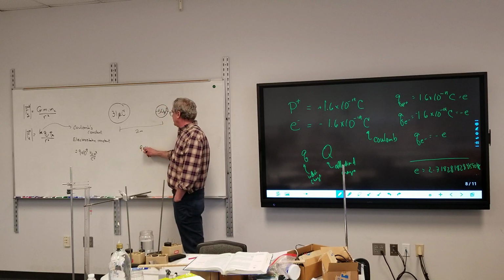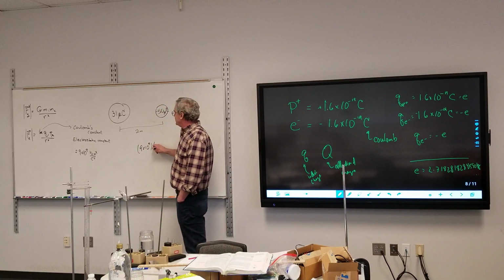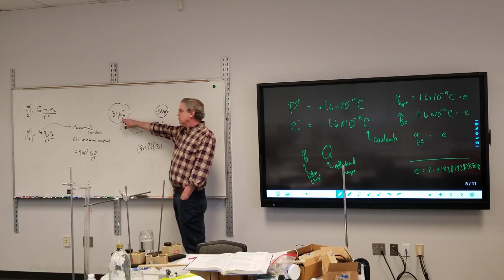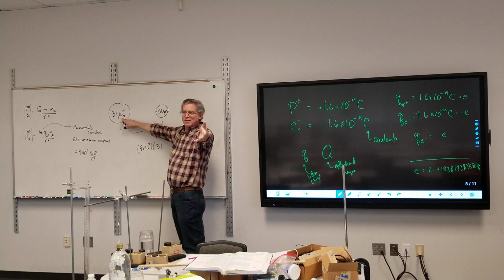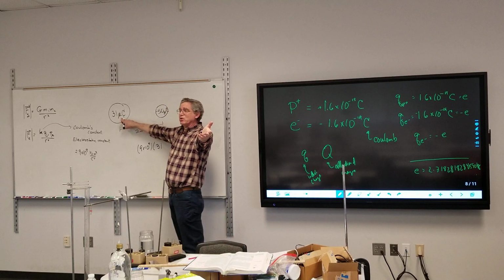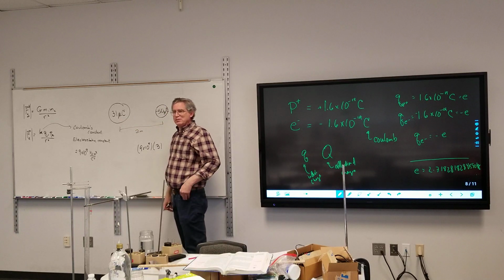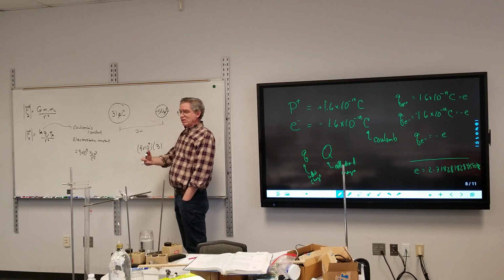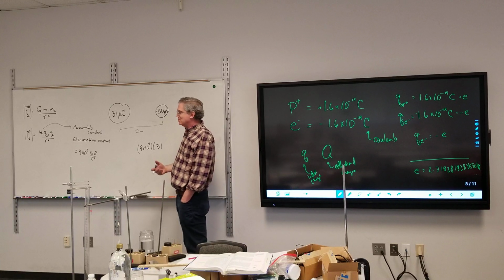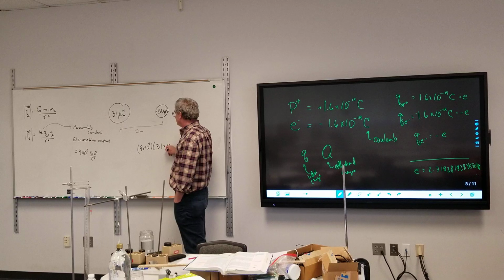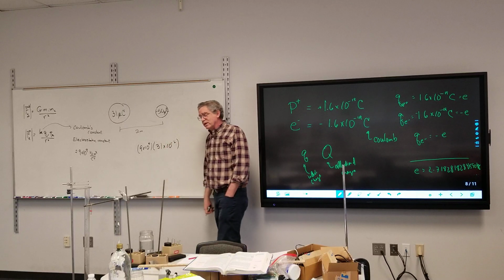So I have 9 times 10 to the 9th times 31 micro. I'll leave it up to you. What's micro? It's a prefix. Okay, indeed. And let's be more specific than that. Milli is 10 to the negative 3rd, nano is 10 to the negative 9th, micro is negative 6th.